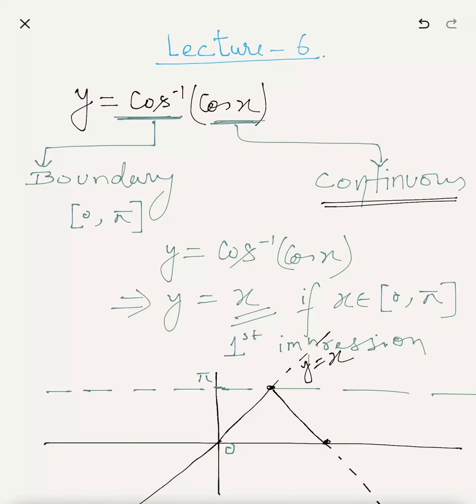This is your boundary. See, this is pi and this is 0. Again it is going to infinity, so remove this portion and again fold it at boundary pi.